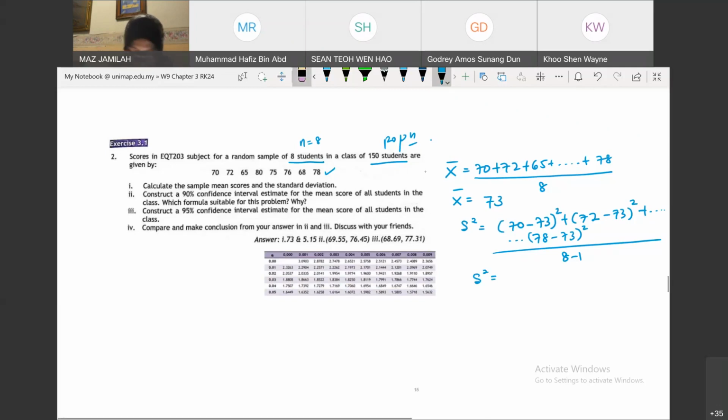After calculating, you get s equal to 5.1.